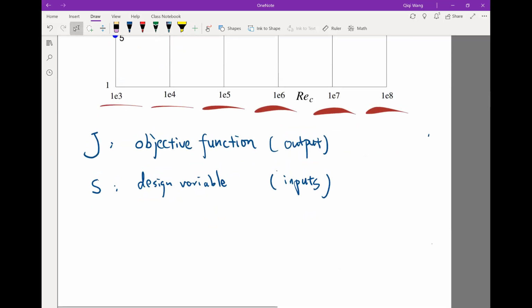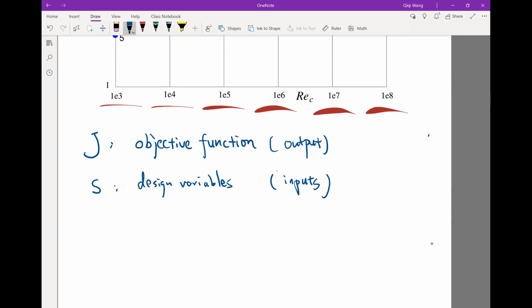So how does the objective function depend on the design variables? Usually the objective function is one or a small number of outputs, and the design variables in a typical optimization are more numerous than the objective functions.